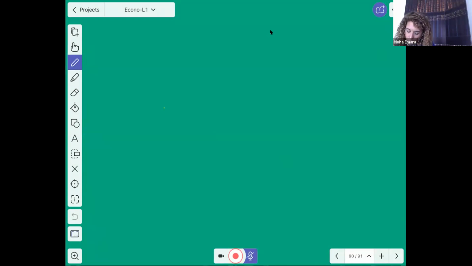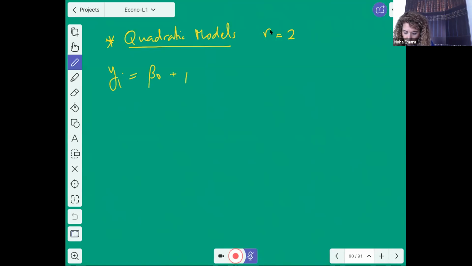So in quadratic models, or R equal to 2, our model is y equals beta naught plus beta 1 xi plus beta 2 xi squared plus ui.